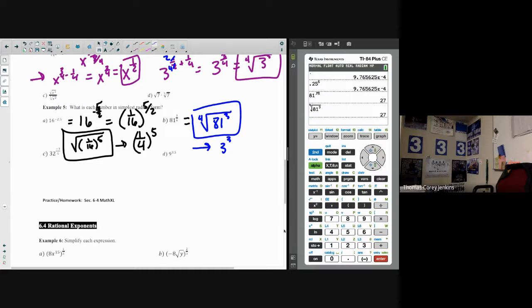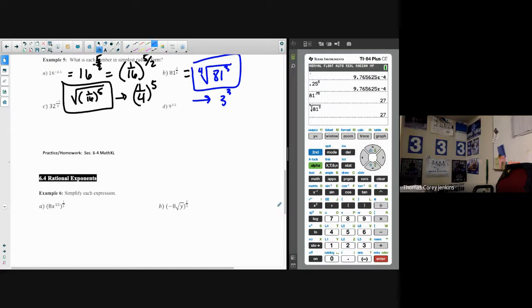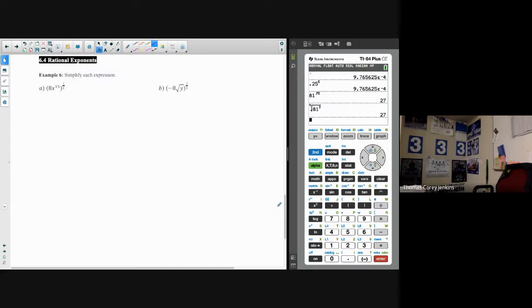All right, and then we have these two at the end, a little more abstract because we have some decimals on them, or some variables in there. So the first thing we need to do is take everything in here to the power of 1/3.